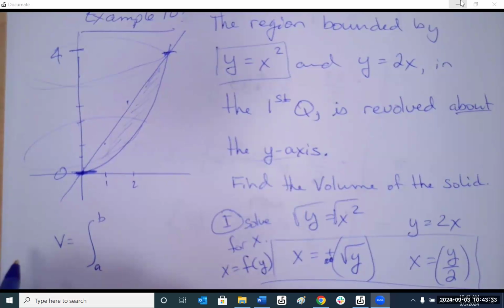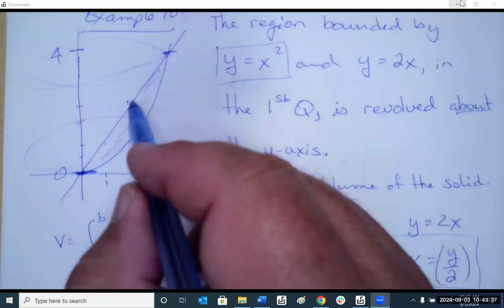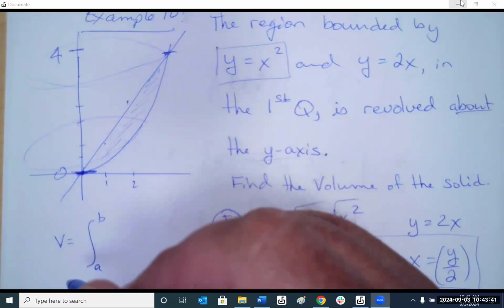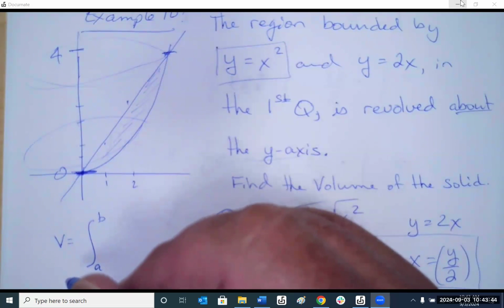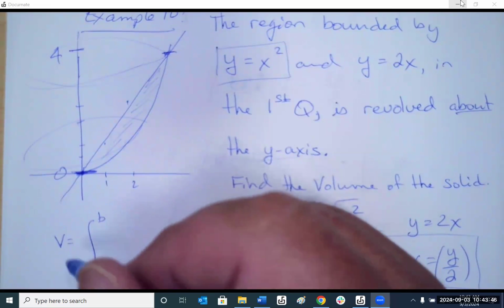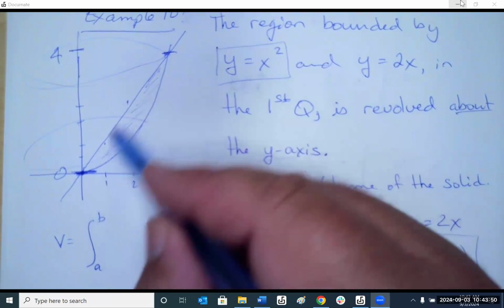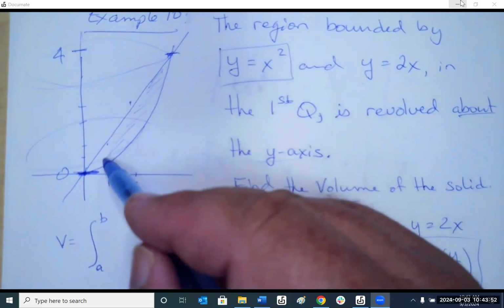Why? Well, isn't it whoever's on top? No, I confused you there. Because if we were rotating around the x-axis, then this would be the outer one and this would be the inner one.